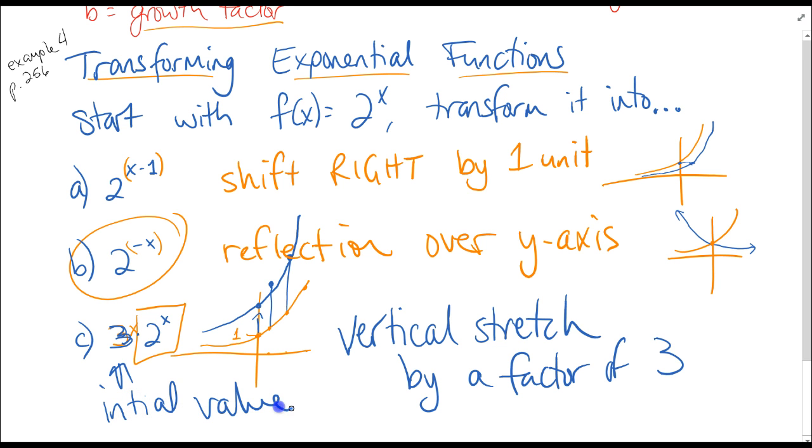And hey, that kind of makes sense because when x is 0, 2 to the 0 is 1, and I'm just left with 3 as my starting point here. So when x was 0, my new y value is 3 instead of 1 because I have done this transformation. All done.